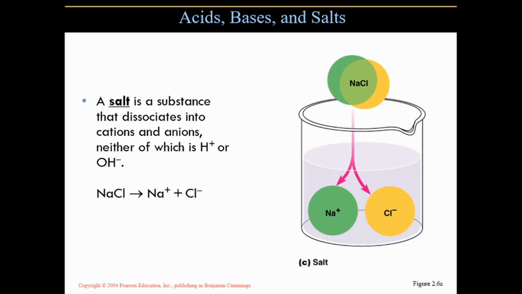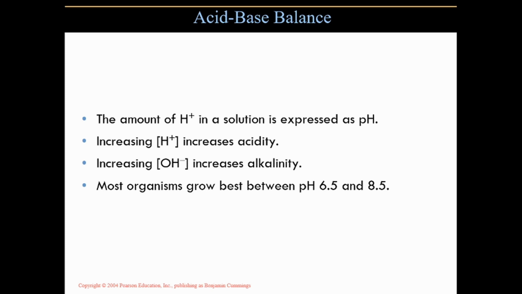So you have sodium chloride and potassium chloride and calcium chloride. Those are all salts because when they're put in water, they will dissociate into charged particles, neither of which is hydronium or hydroxide.